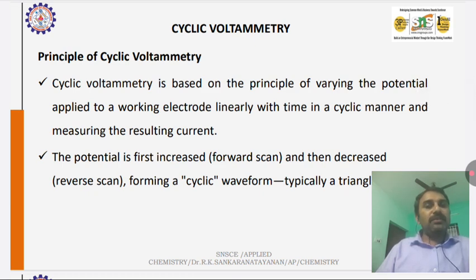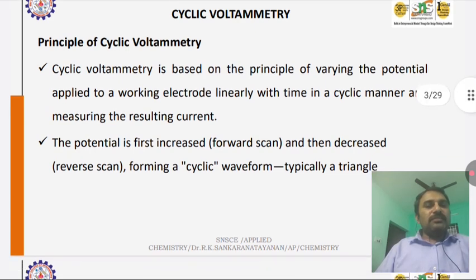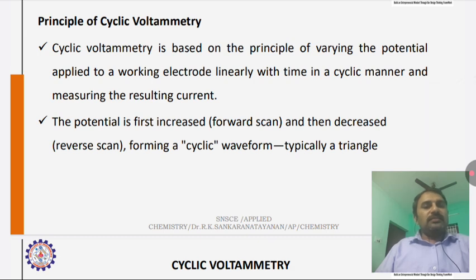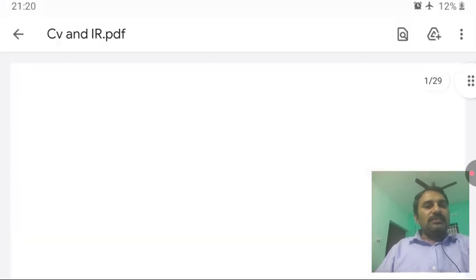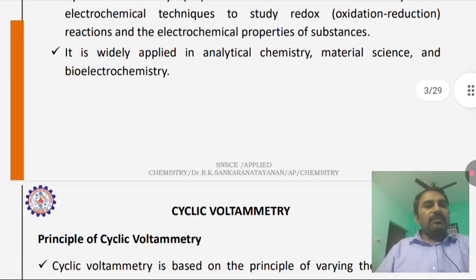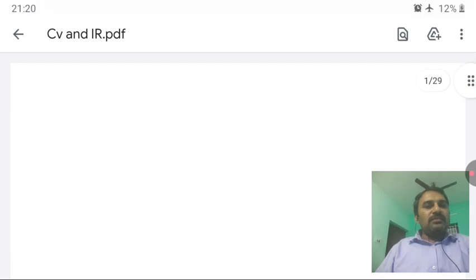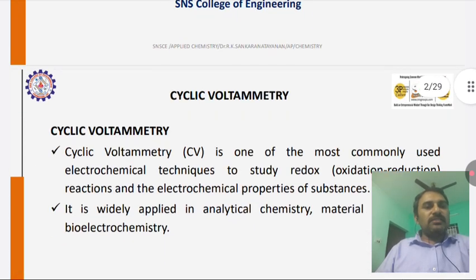We apply different potentials, and that is the cyclic voltammetry principle. There are two types of scan, forward scan and reverse scan, going up and down like oxidation and reduction, in a cyclic form. It goes forward and then comes back, so it is like a triangle waveform. We can see the structure of the waveform in the images, how it goes and how it works.